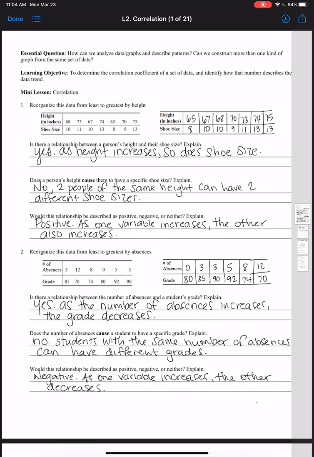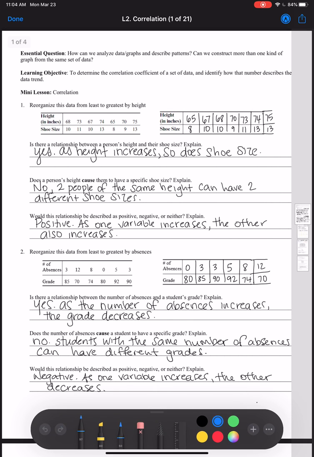So in this first one, number 1, we're looking at two variables, height and shoe size. We reorganize those values in height order from least to greatest, and this is our table. If we look at the height, we go from 65 to 67, 68, so that's increasing.